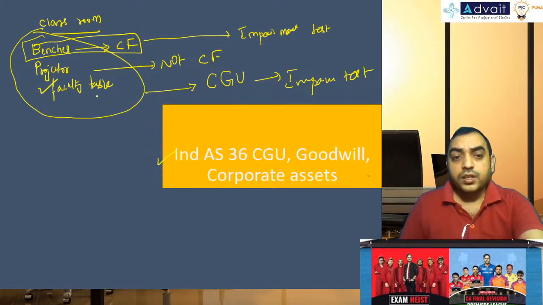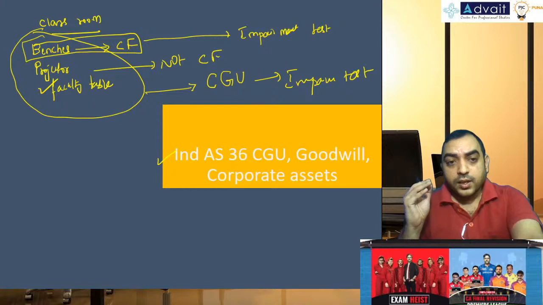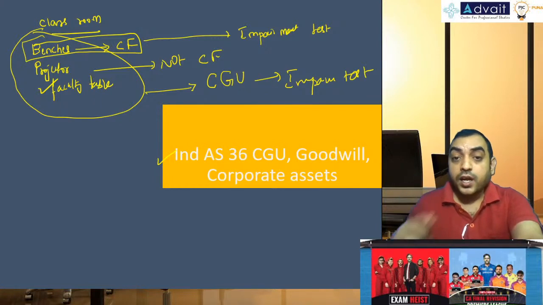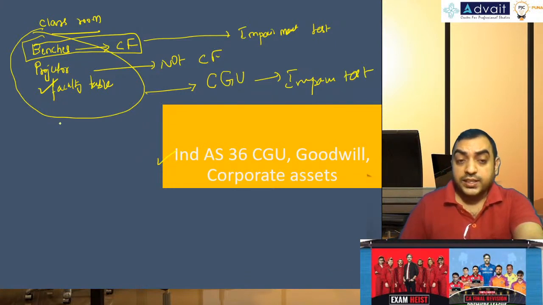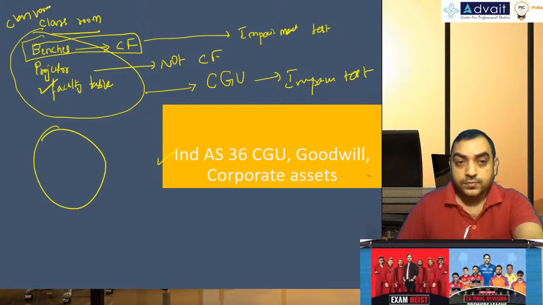Okay, now benches, projector, faculty table is one hand. On the other hand, let's say you have two classrooms, classroom 1, classroom 2, let's say IPCC final. There also benches will be there, projector will be there, and faculty table will be there.